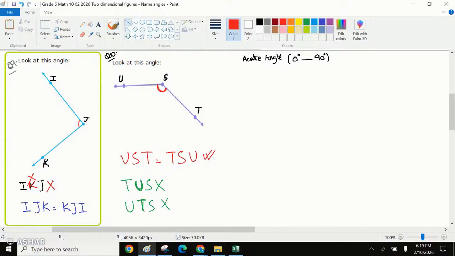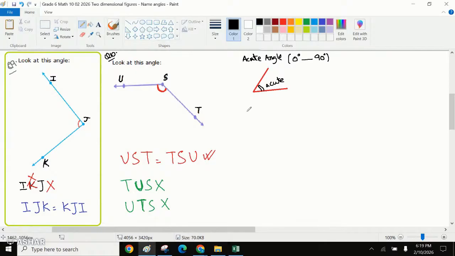And let's look at the shape of an acute. This can be the shape of an acute, right? We can say this angle was acute just by studying the diagram, right?